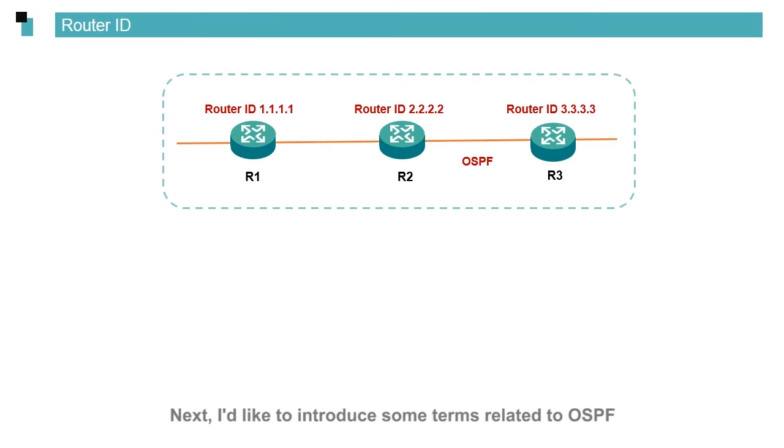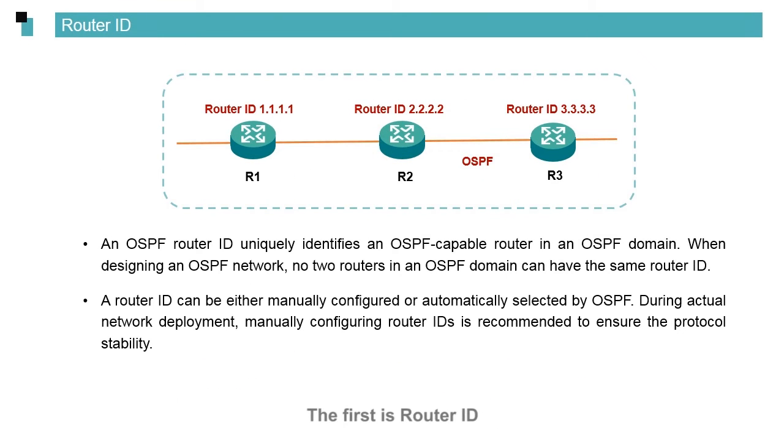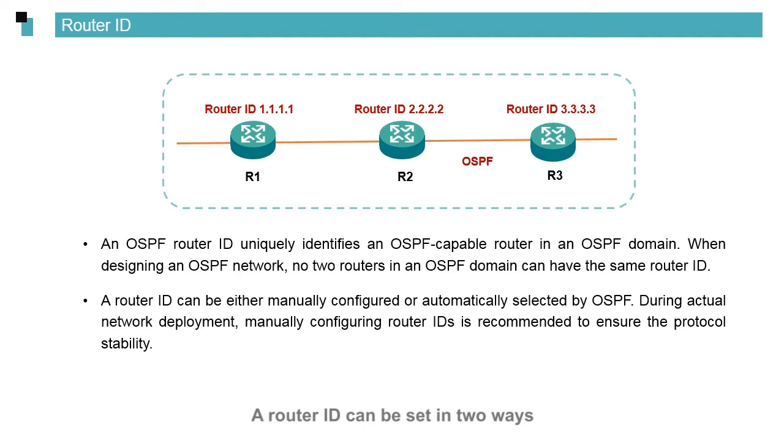Next, I'd like to introduce some terms related to OSPF. The first is router ID, which is the identifier of an OSPF router and is unique in the entire domain. A router ID is in the same format as an IP address. A router ID can be set in two ways. The first way is to manually configure the router ID for an OSPF router.